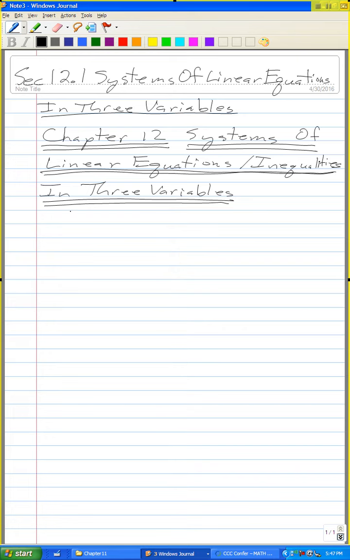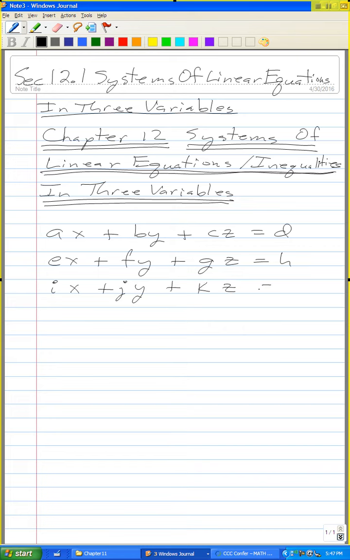So a system of equations, let's say ax plus by plus, rather than having two variables, I have three variables. cz equals d, ex plus fy plus gz equals h, ix plus jy plus kz equals l.